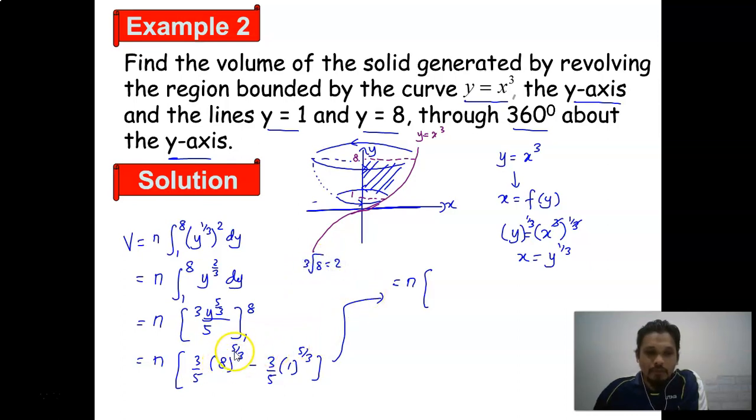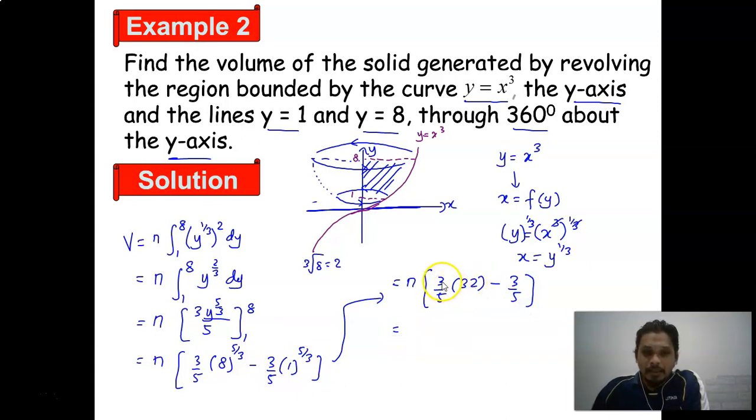So 2 to the power 5 is 2, 4, 8, 16, and 32. So then 3 over 5 times 32, minus 1 to the power of 5 over 3 is still 1, minus 3 over 5.